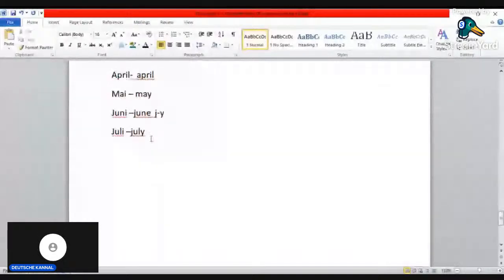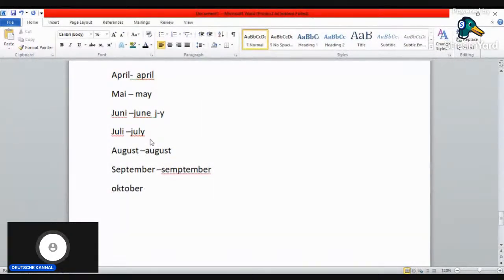So we have August, the same spelling but different pronunciation. Then September, the same spelling but different pronunciation. Then Oktober. The only difference is that in English we write it with a C, but in German you write it with a K. The difference is very small.